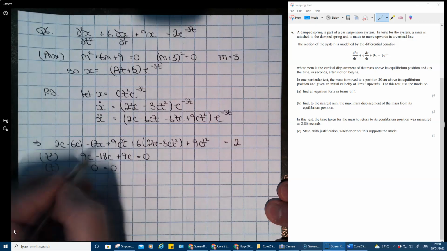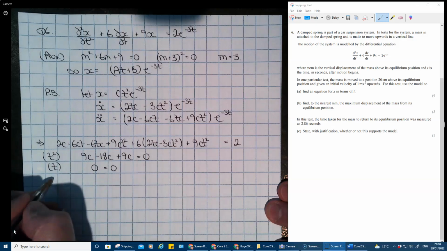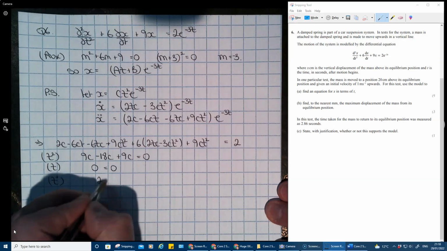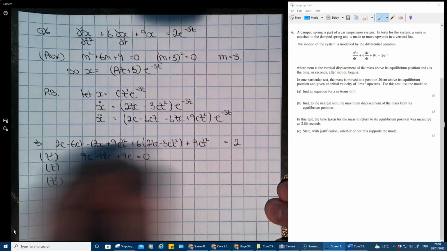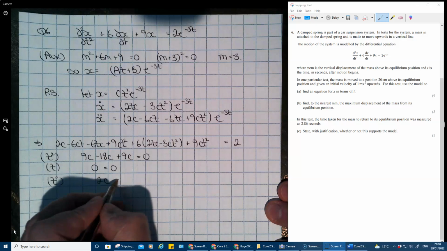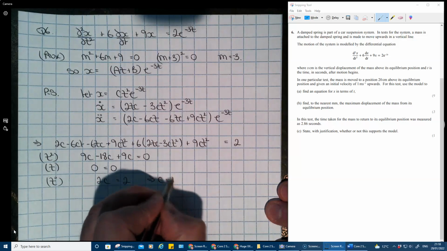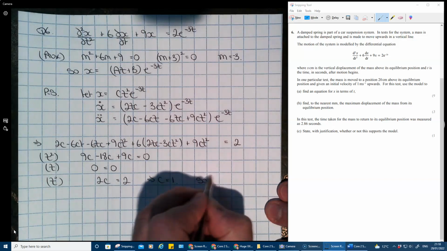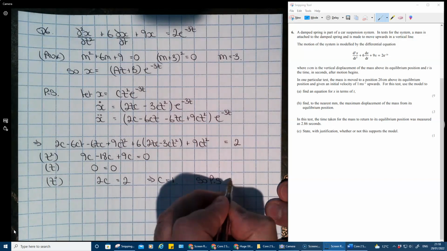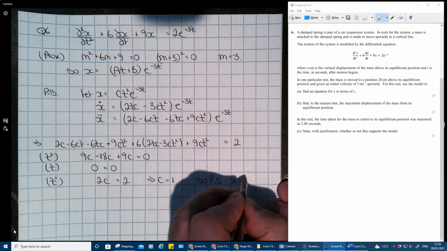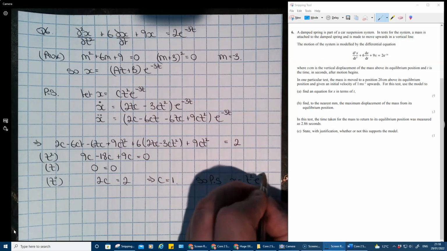If we'd cancelled that, we'd have noticed this. And the constant term, so we're just left with 2c on the left. If I simplify that, I'll just get 2c, but I haven't bothered. 2c equals 2, so therefore we've got c equals 1. So particular solution is x equals t squared e to the minus 3t.